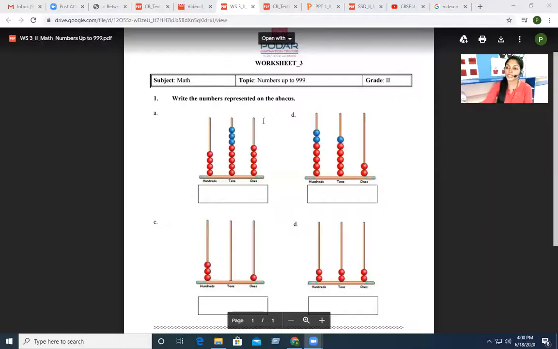Now it's time to find out whether you are able to represent the numbers in abacus without any help. Okay, so for that you have to solve the worksheet. So I will just share the worksheet with you now. You can see the worksheet here, that is worksheet 3.